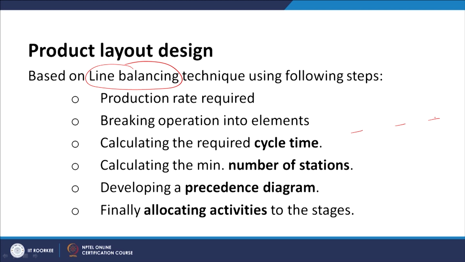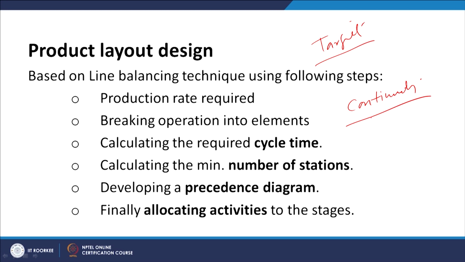The typical steps involved in the design of the product layout include what we are looking for from the particular product layout, like if there is any target which we want to realize. What is the target? Because the product layout will be running, the facilities will be running continuously to give the output. So, what is that output we are looking for for which a particular layout is to be designed?